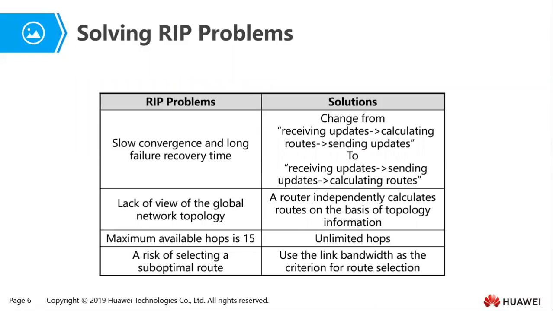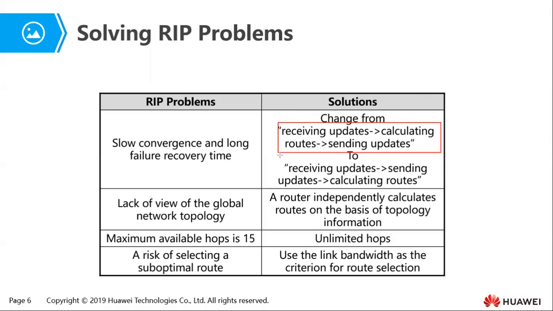So how can we solve some of the problems we've identified there? The first one is slow convergence and long failure recovery. We saw that the convergence is done hop by hop, and what really happens is this: a router receives an update, for example a link has gone down, then it calculates a new route, then sends the update.